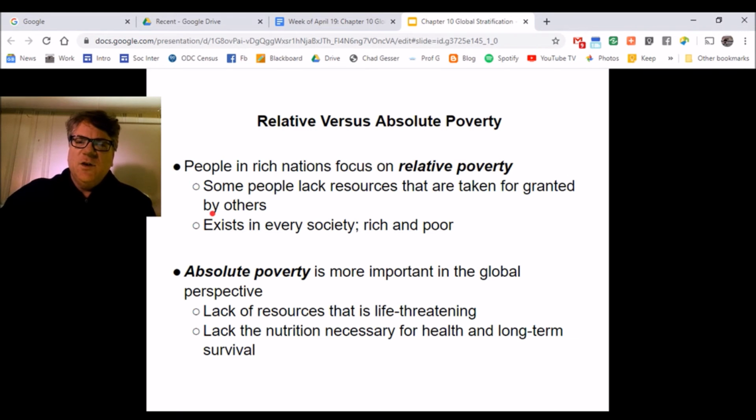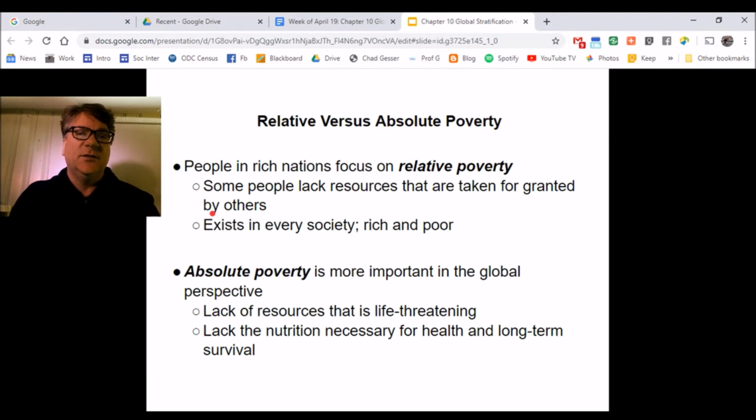So relative poverty, that's what that is, right? Depending on the culture where you are, you're going to have people that have resources that are lower relative to everybody else. So relative poverty is subjective, right? Depending on how a society measures inequality or how you get power in a society, some people are going to have more, some people are going to have less.